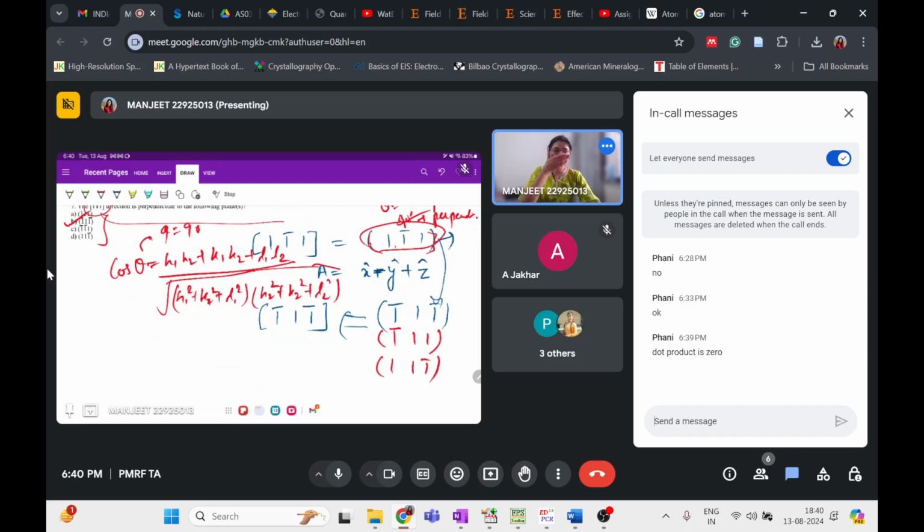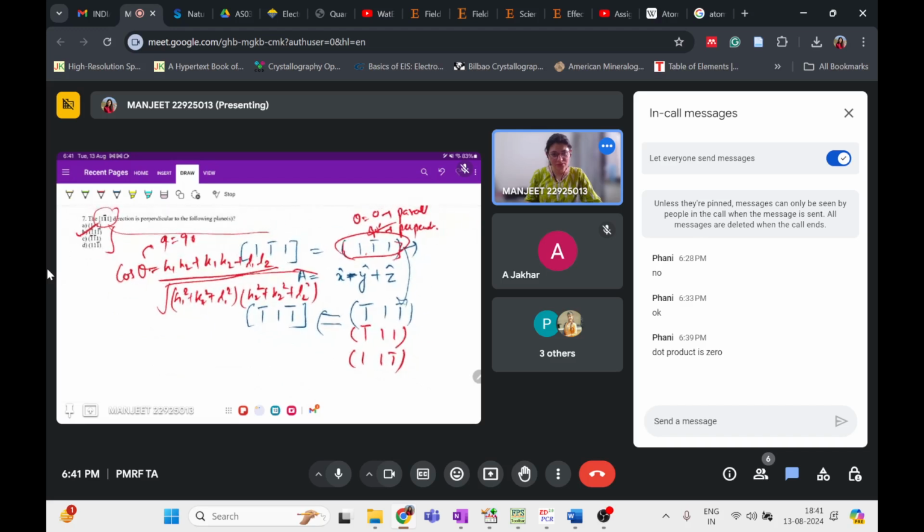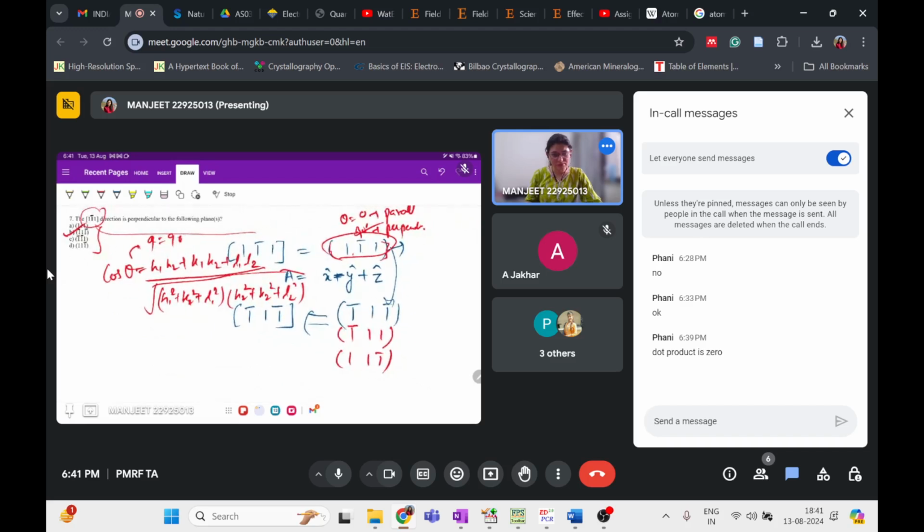Is it clear? Just find out with this formula for this one and check it once.